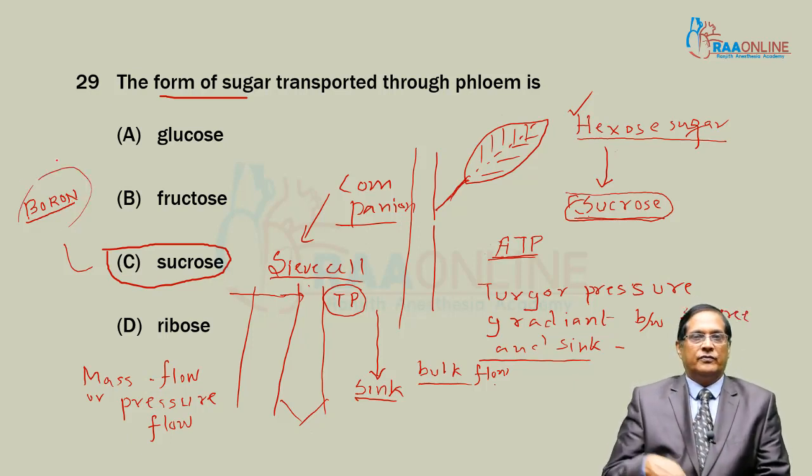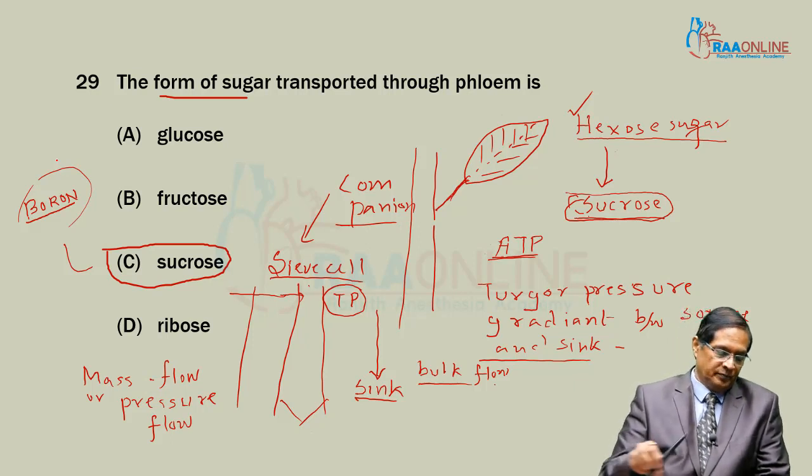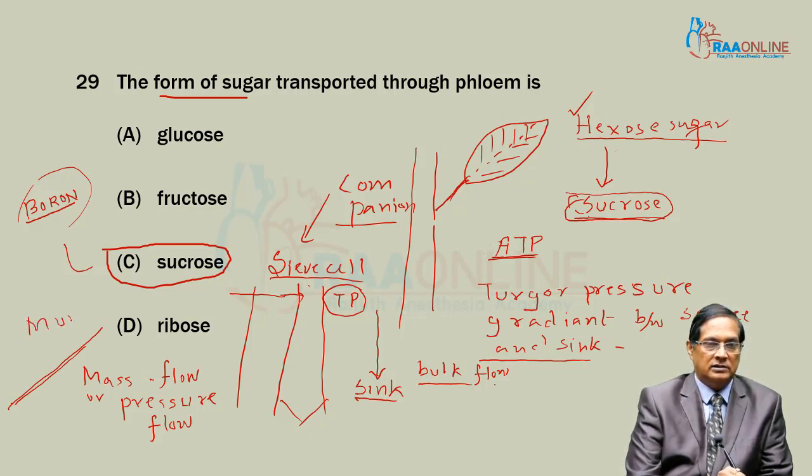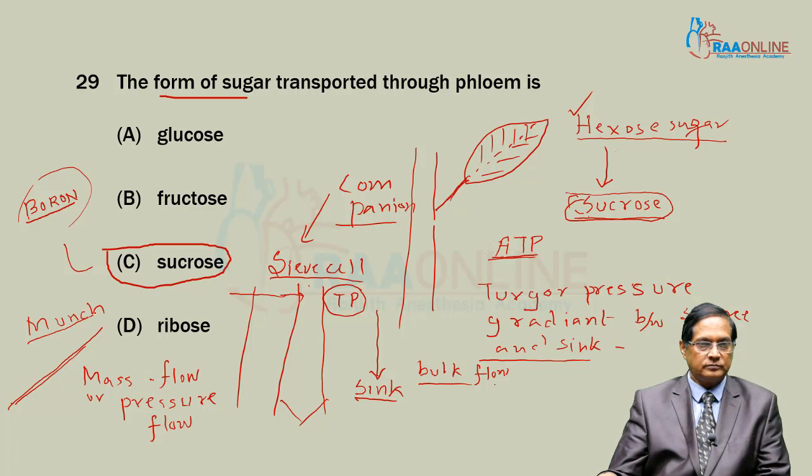Third, the valid explanation of sugar translocation was given by Munch, and that theory is termed the mass flow or pressure flow theory.